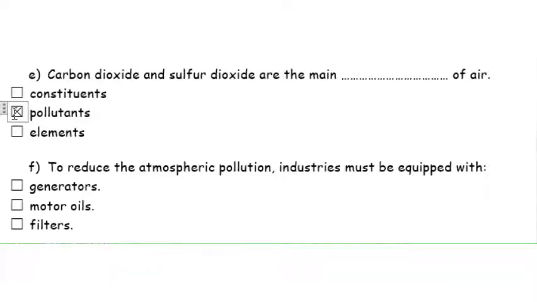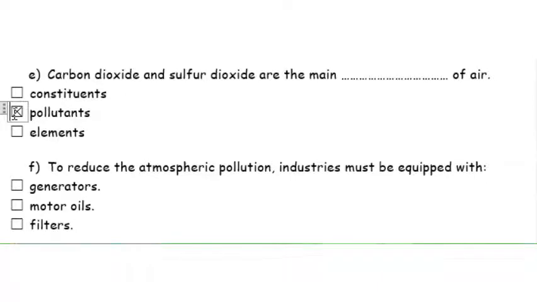Point F. To reduce the atmospheric pollution, industries must be equipped with what? What should we use in factories? Should we use generators, motor oils, or filters? What do you think?